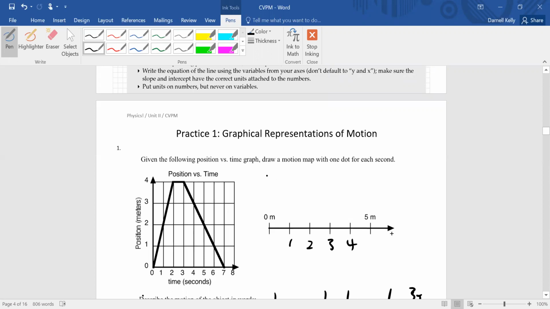So we start from 0, something like this. You can write on paper, of course. We place a dot at the 2 meter mark, because after 1 second, it's gone 2 meters. Okay, you guys following that? So we can even put an arrow like that, because first of all, we're going from 0 to 2 and it took us 1 second to do that.